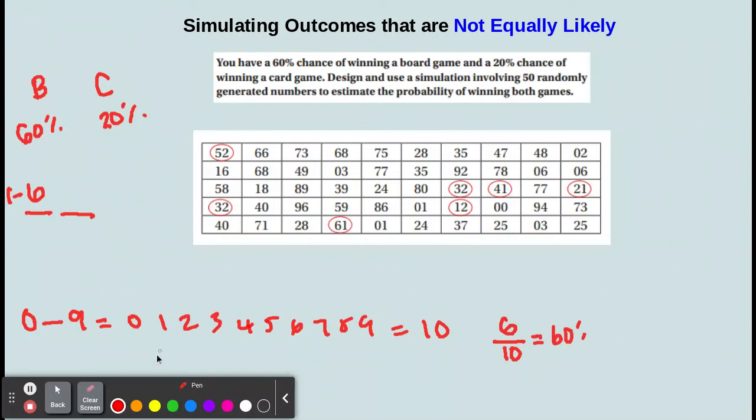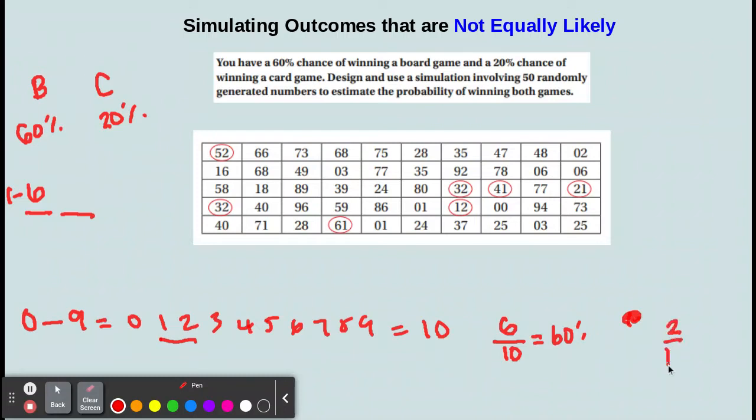Now, we're going to also assign the numbers 1 through 2 to be our winning the card game.